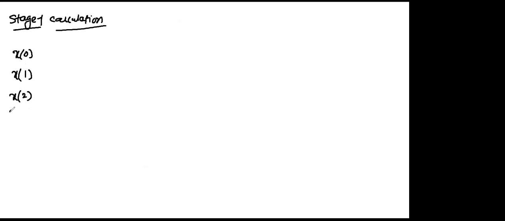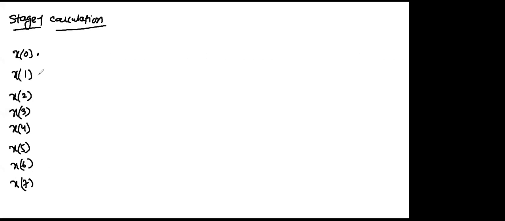See, now the input is same order, so this is your stage 1 calculation. Okay, input is same order, x0, x1, x2, x3, x4, x5, x6, x7.